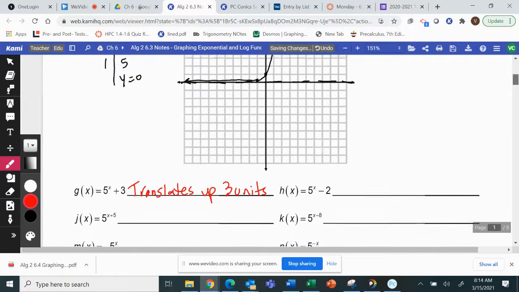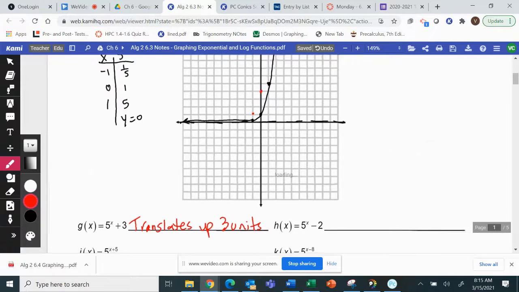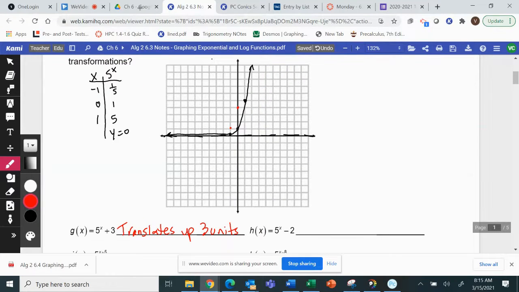I can do this in a table, or I can just go to the graph and take each point and move it up exactly 3 units. But I have to remember, oops, I didn't move the first one up 3. Something else is part of this graph that has to move up 3 units.